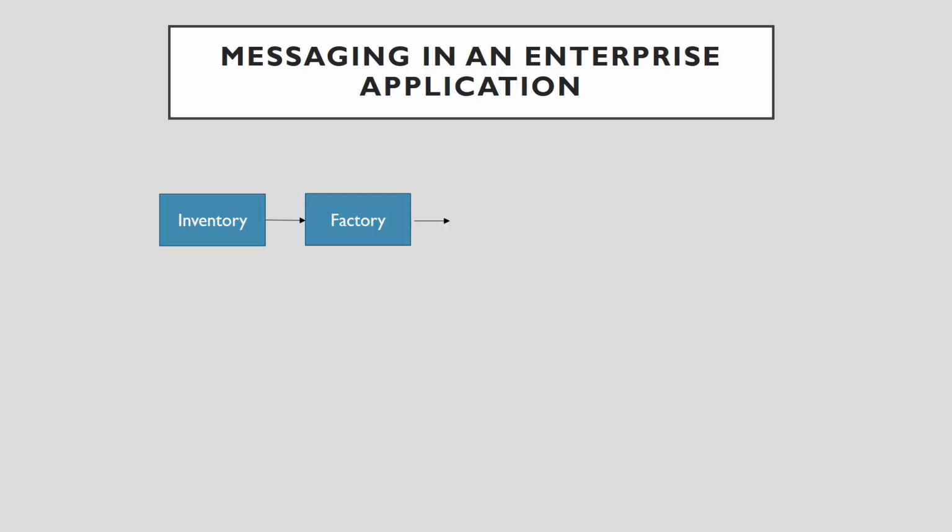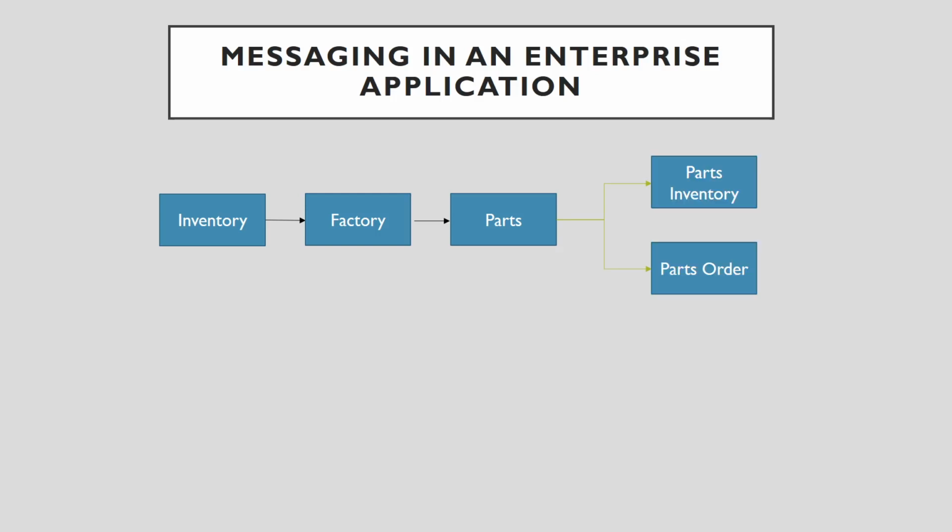The factory component can send a message to the parts components so the factory can assemble the parts it needs. And the parts components in turn can send messages to their own inventory and order components to update their inventories and to order new parts from suppliers.